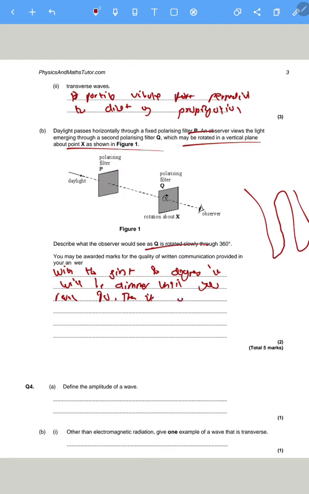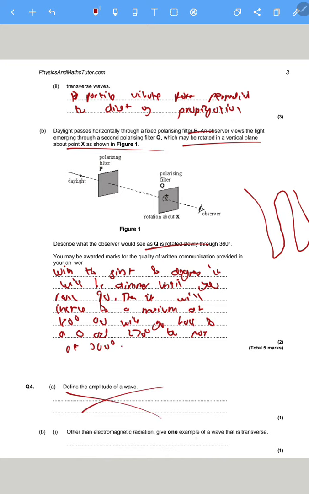Then it will increase to a maximum at 180 degrees and will go back to 0 at 270, then max at 360 degrees. Amplitude, done that already. Other electromagnetic wave, another wave that's transverse.